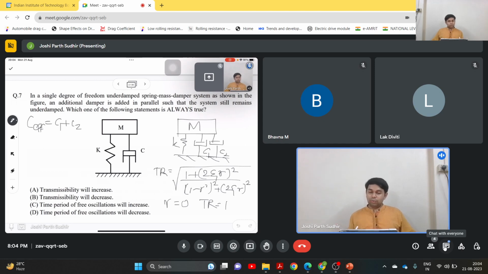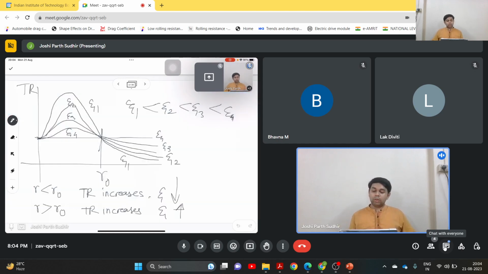So if we look at options A and B, transmissibility will increase or transmissibility will decrease, we cannot say that any of them is always true. It is asked which of these statements is always true. As we just saw, the transmissibility ratio actually depends on the damping ratio.